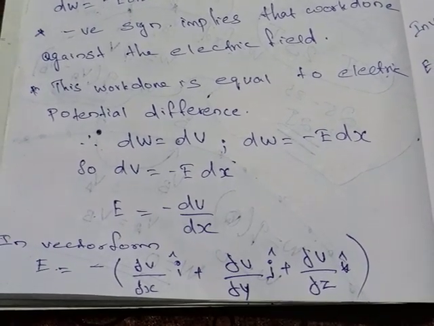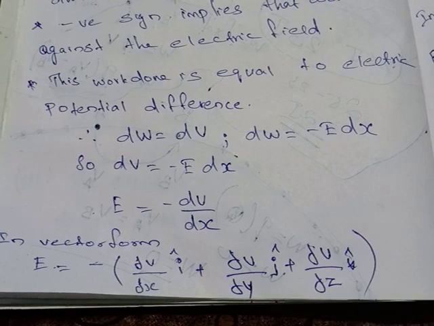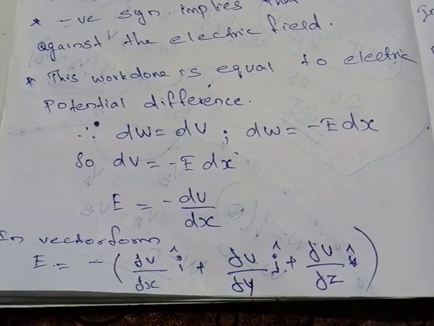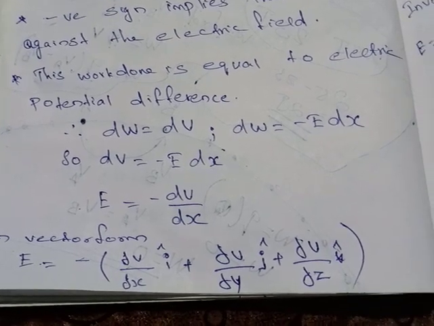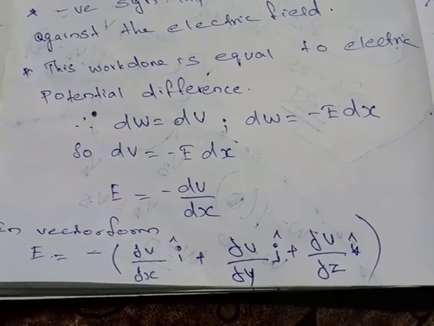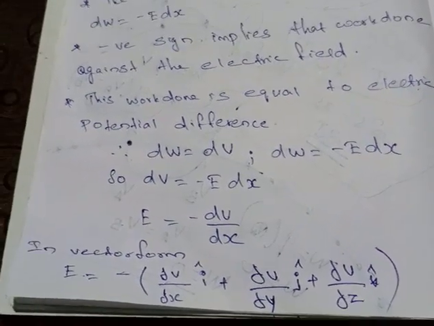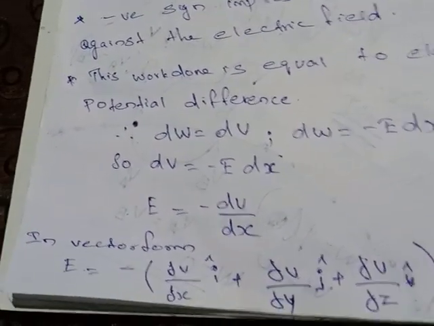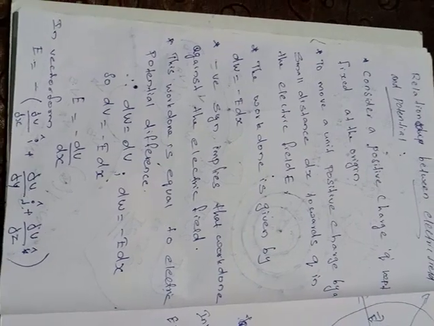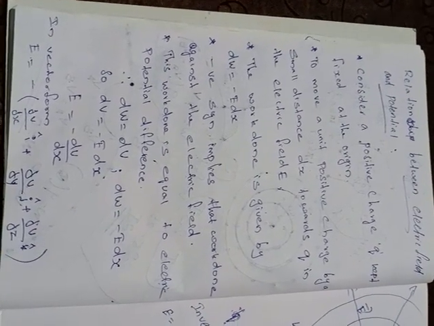Now this work done is equal to the electric potential difference, so we can write dW is equal to dV. The derivation I explained already. So you can take a screenshot of this also, I am showing. Take the screenshot in one page and study it then.